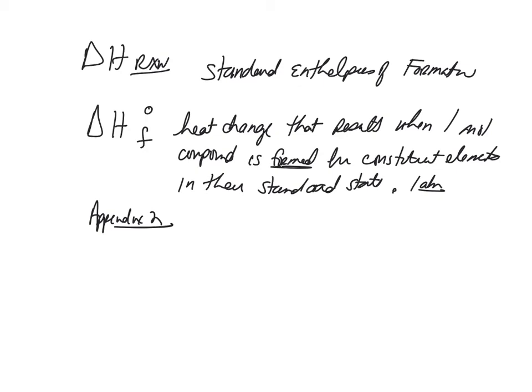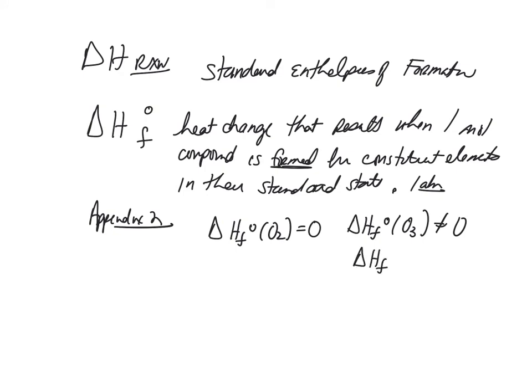And make sure that you look at, so the delta H of formation of oxygen equals 0, but the delta H of formation of ozone is not 0. The delta H of formation of just plain oxygen is also not 0.